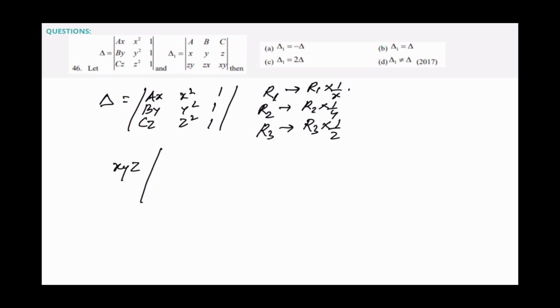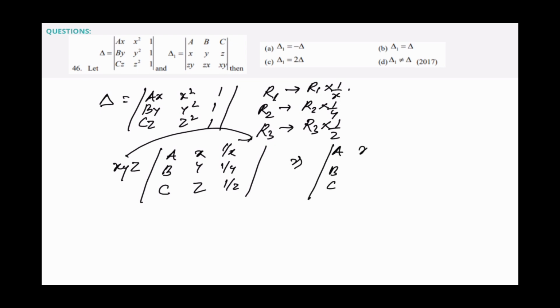Since we are dividing, you have to multiply by x, y, z also. So you'll get a, b, c; x, y, z; and 1 by x, 1 by y, 1 by z, correct? Now you multiply this to the third one, so what do you get? a, b, c; x, y, z; and yz, zx, xy, because x is already there.